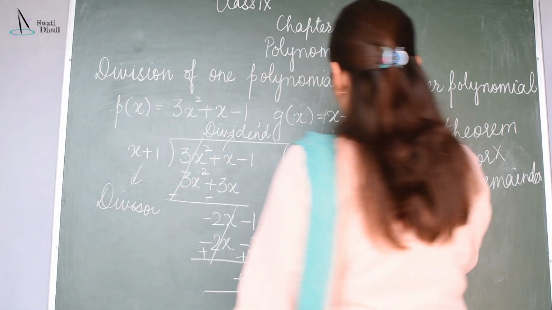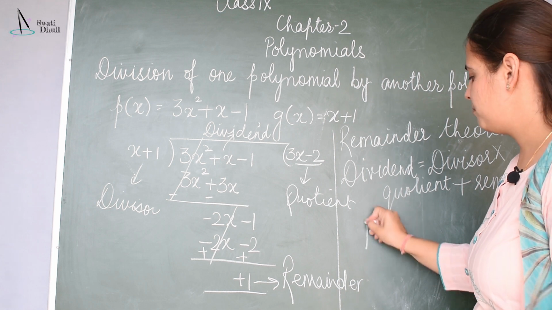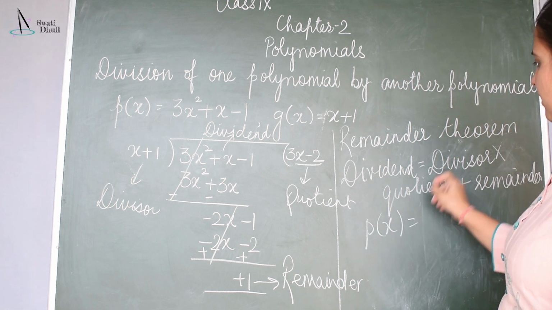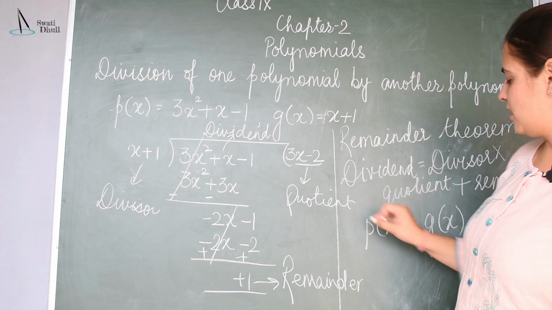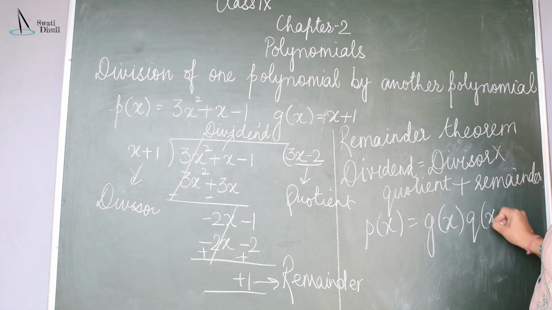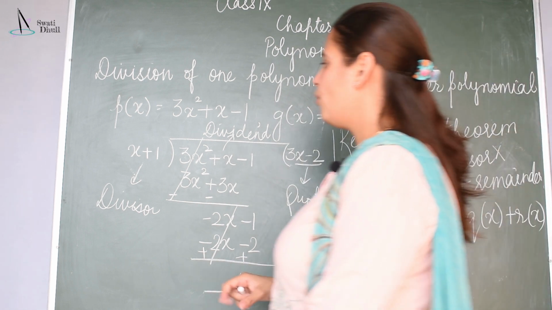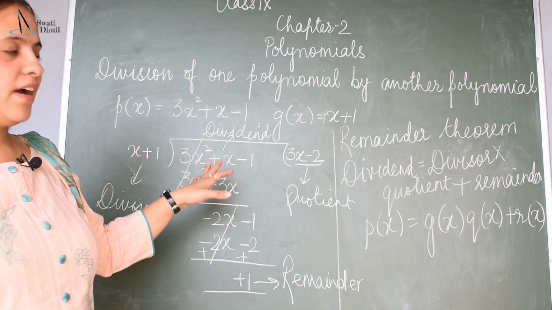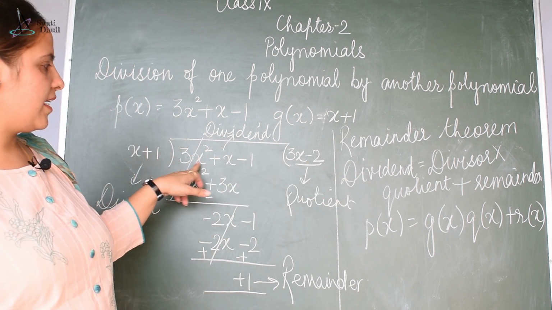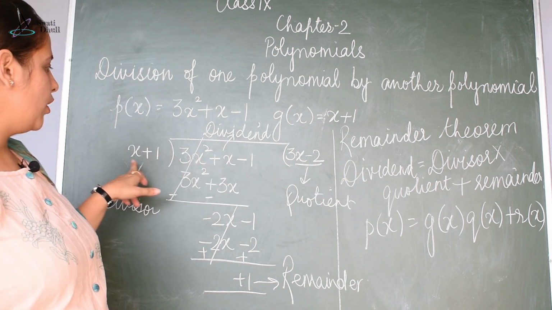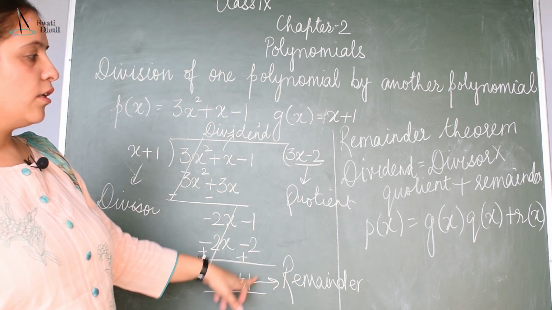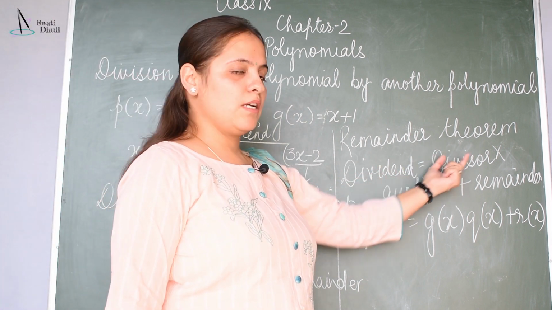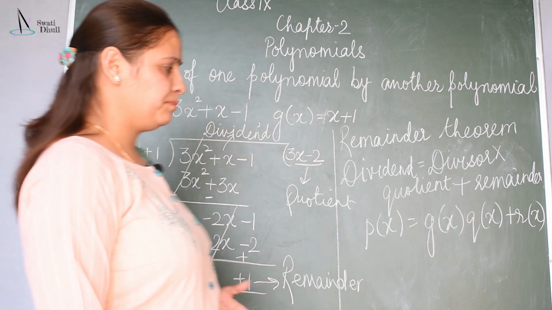So dividend is represented by your p(x), divisor is your g(x), quotient we can write as q(x), and remainder we can write as r(x). So you can also verify: the dividend 3x square plus x minus 1 is equal to x plus 1 into 3x minus 2, plus 1. You will get the dividend is equal to the same term.